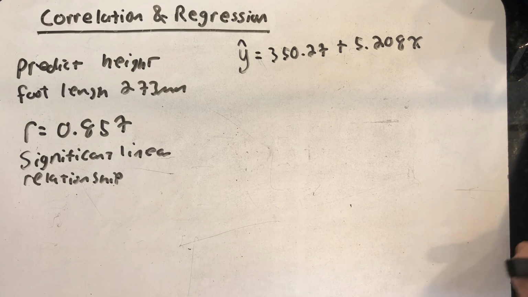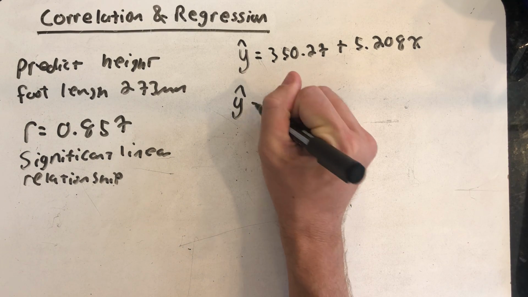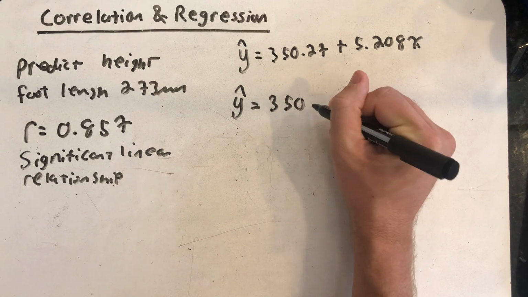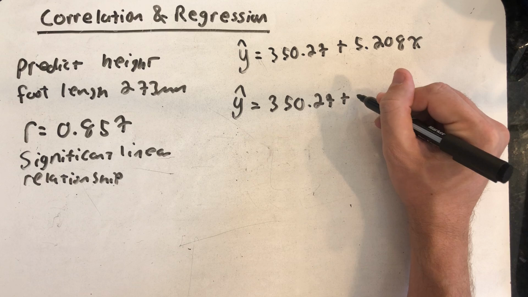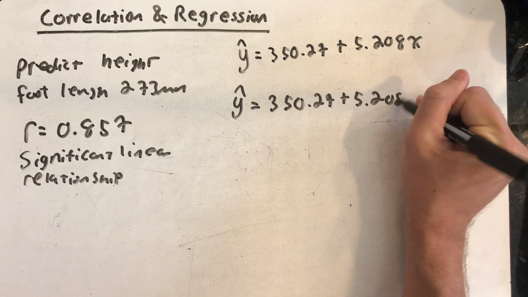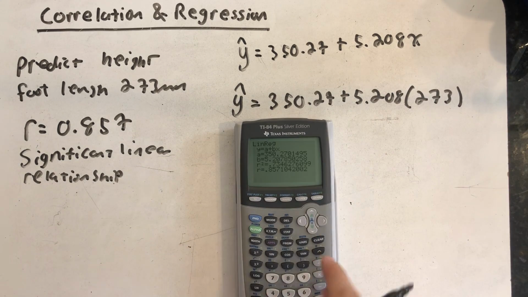So I'm asked to predict a height based on this foot length. So I'm going to substitute that in for x. I'll use my graphing calculator to help us out here.